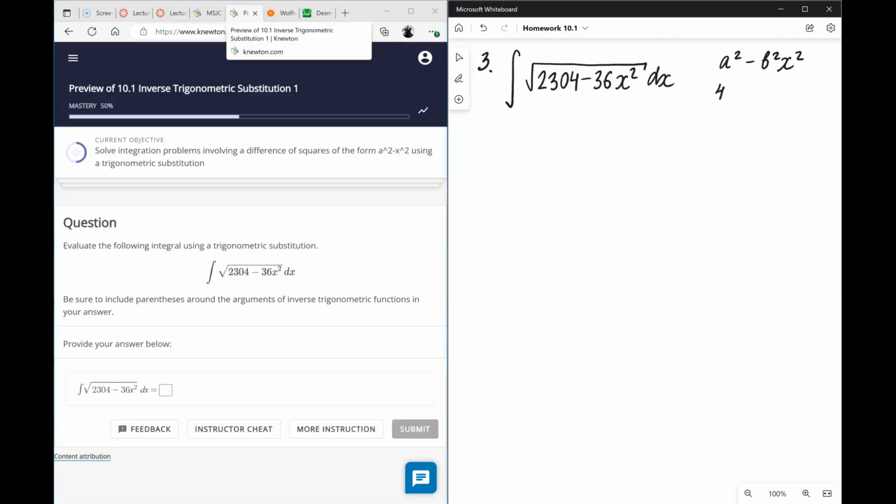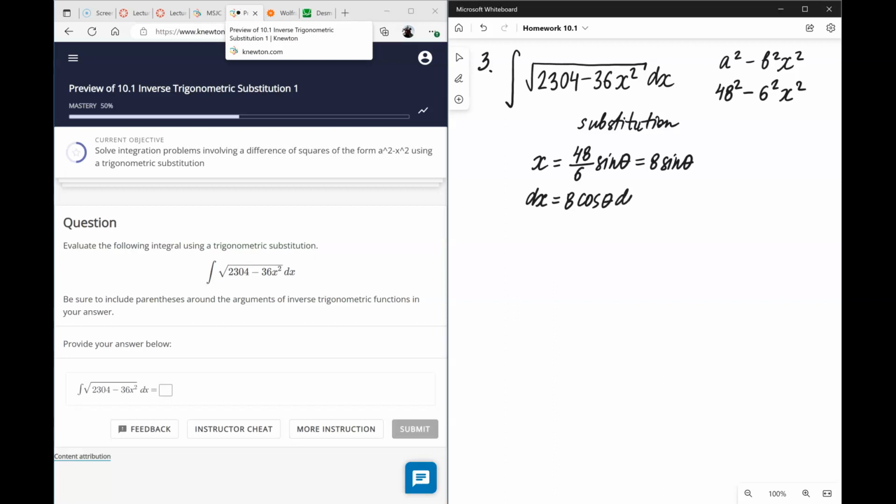So we have 48 squared minus 6 squared x squared. So I get the idea for substitution here. My substitution should be x equal to 48 over 6 sine theta, which makes it 8 sine theta, which means that dx is 8 cosine theta d theta.